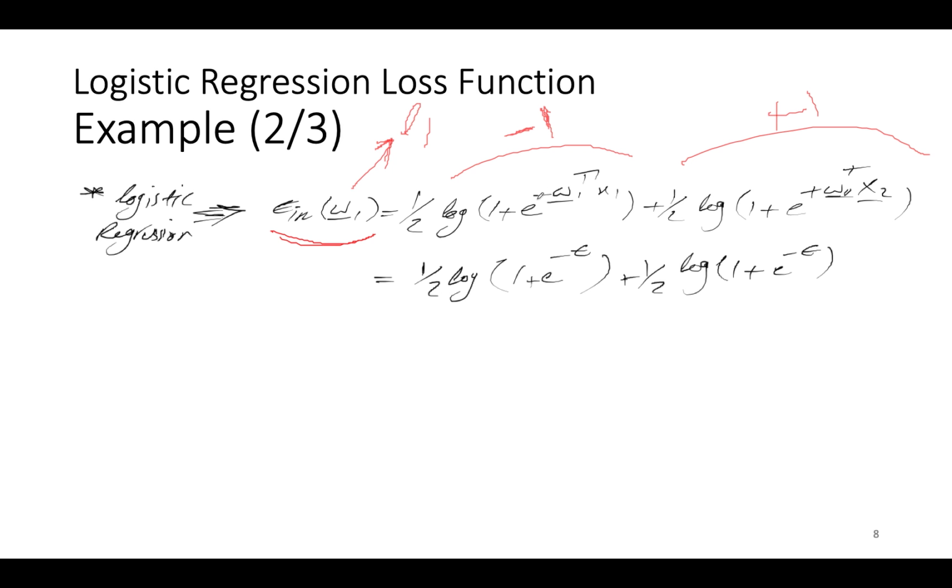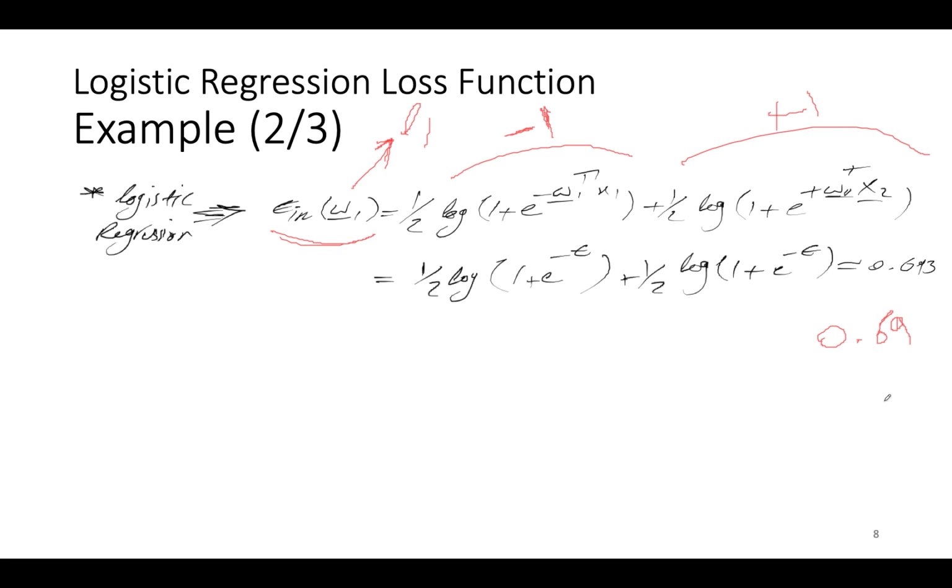If you compute this using the epsilon that was given, the output of the in-sample error of W1 becomes around 0.69. So I'm just writing it here. Okay? Now we're going to do the same for the line W2.